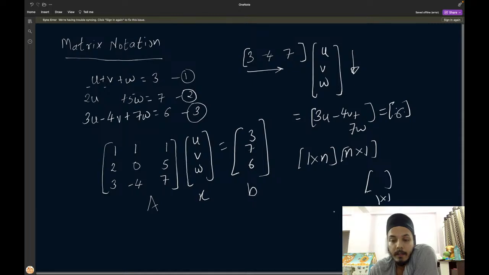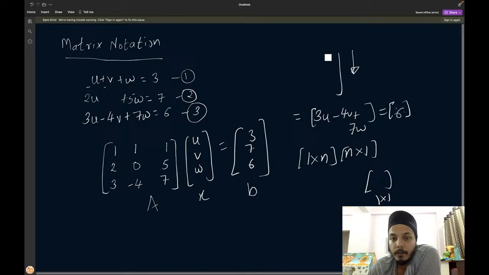This will be nothing but the dot product of these two matrices. So this is 3 times u minus 4 times v plus 7 times w. So let us instead of this uvw, take numbers so that it can become more clear to you.